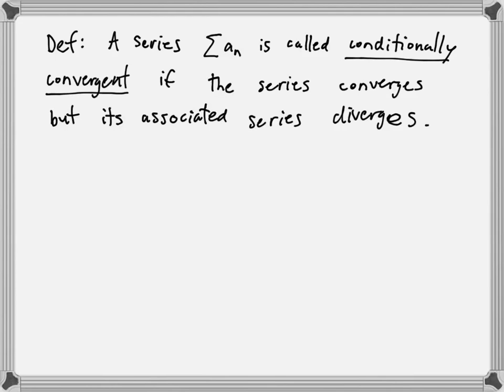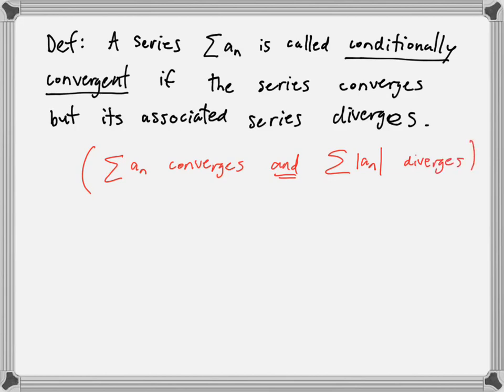Okay, so what does this mean? This means that this guy converges and this guy diverges. That's what this means. If a series satisfies both of those properties, then we call the series conditionally convergent.